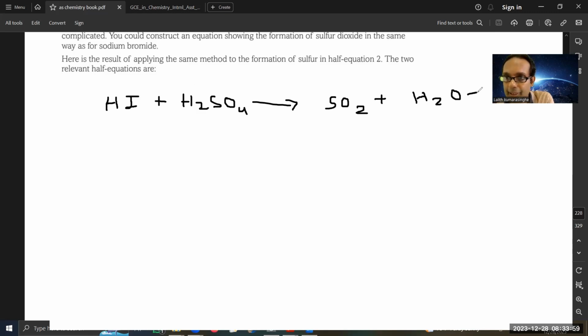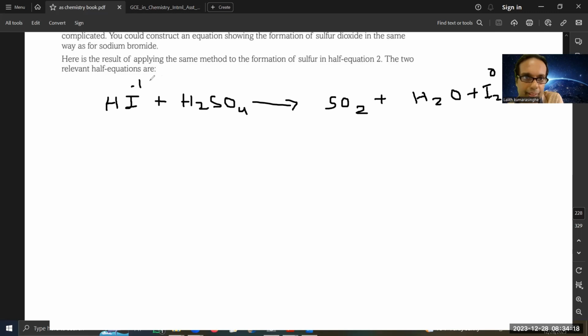Water and iodine should be there to balance this equation. So iodide is reducing the sulfur in sulfuric acid. It is oxidizing itself from -1 to 0.